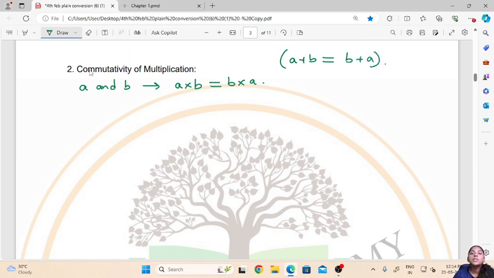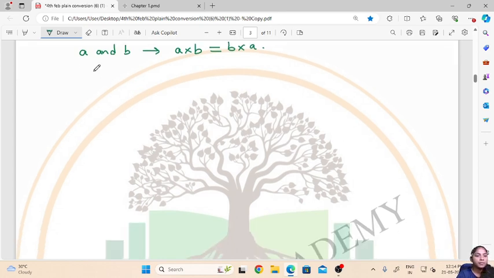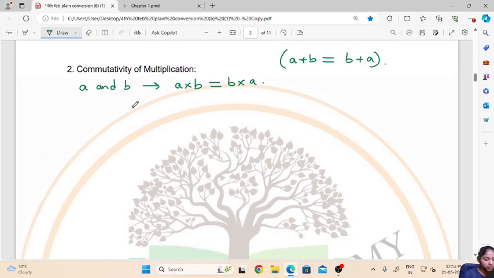So even if we change the position of the integers, the answer remained the same. In the same way we have to check the commutativity of integers in case of multiplication, that is, whether a multiplied by b is equal to b multiplied by a.